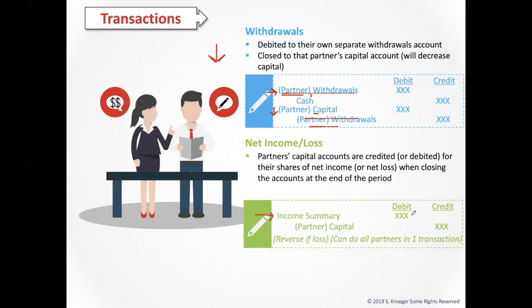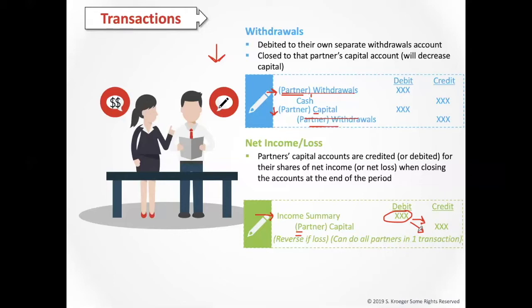This amount here in income summary would be the amount of net income for the year, and then you would split it up between the different partners. You would list partner 1, then the next partner underneath, and then the next one. We would do this all in one entry. I only have one partner's capital account here, but you would list them all, and you would divide this income between all of the different partners that you're listing here.